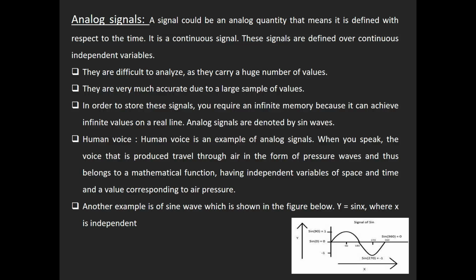They are difficult to analyze as they carry a huge number of values. If the signal is defined between time 0 and t, then there are an infinite number of values between the two points 0 and t. In order to store these signals, you need infinite memory because it can achieve infinite values in real time.